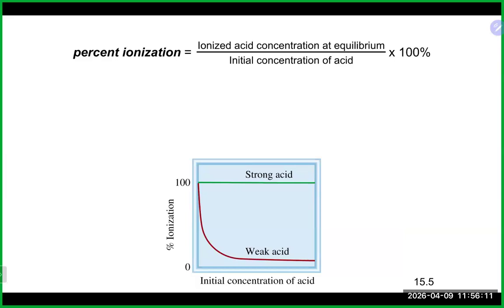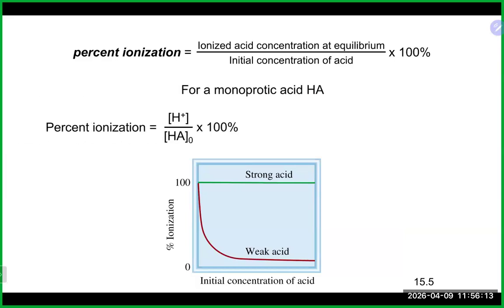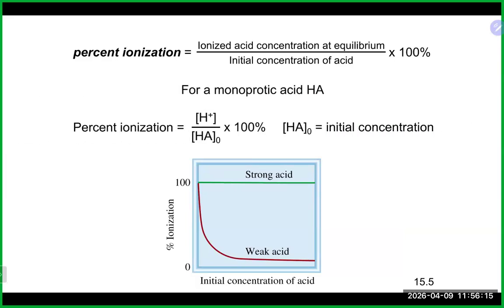All right, the next thing we're going to talk about is percent ionization of an acid or even a base, really. And percent ionization or percent dissociation basically just means the percentage of this acid breaking apart. To calculate it, we take the ionized acid concentration divided by the initial acid concentration and times it by 100.